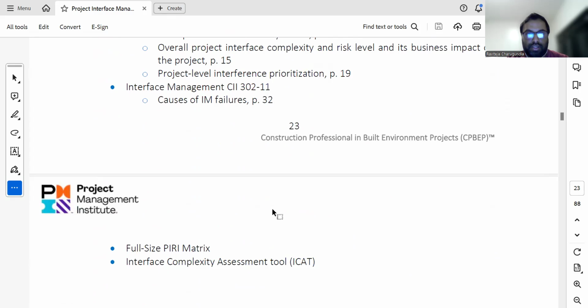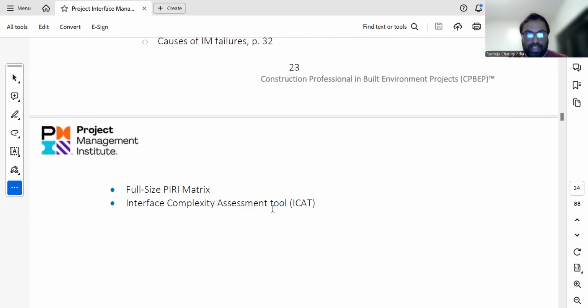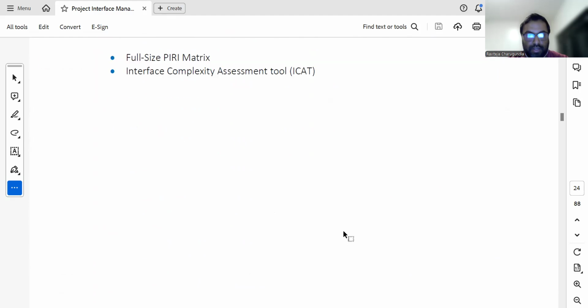This is the second topic in interface management. These are the two important topics, the PRI matrix and the ICAT matrix. The PRI matrix is used at the high level and the ICAT is used at the low level of determining the interface management processes.